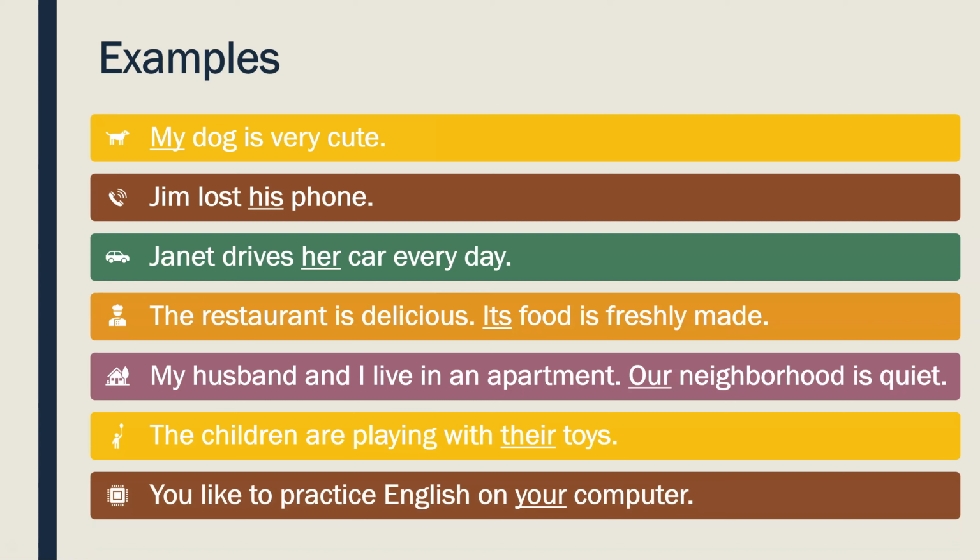You like to practice English on your computer. Here the possessive adjective is your, and we're talking about you, which again is the second person, the person listening. And remember, you can be one person or more.